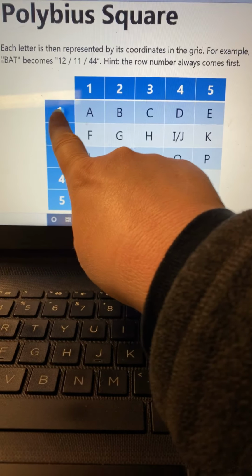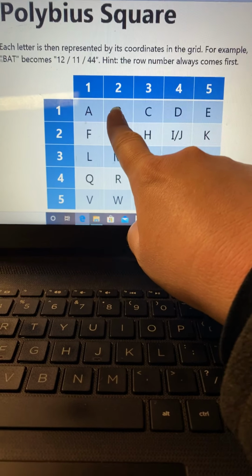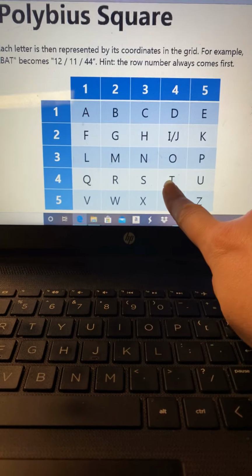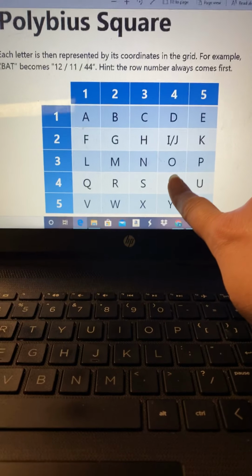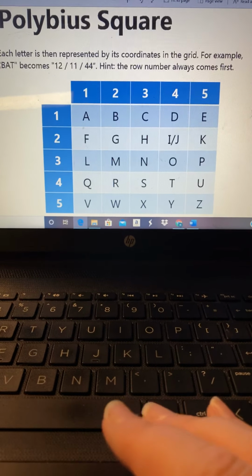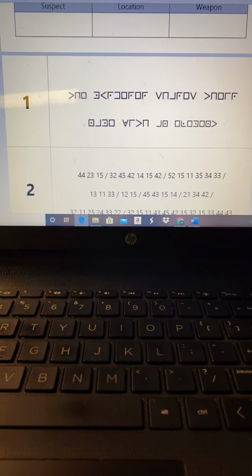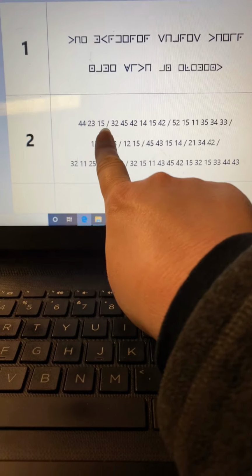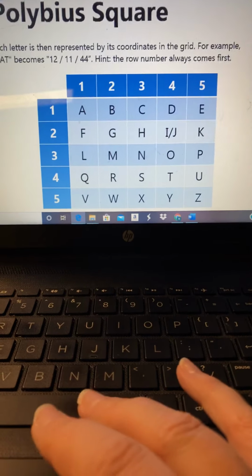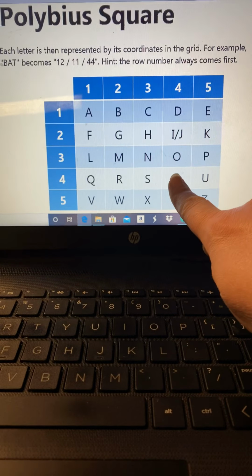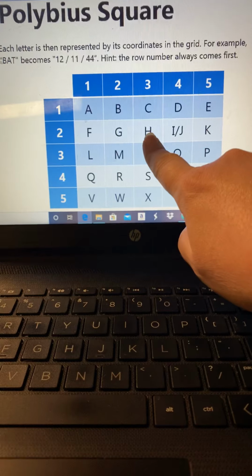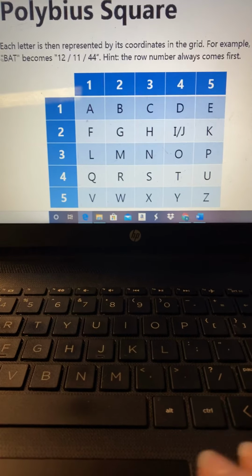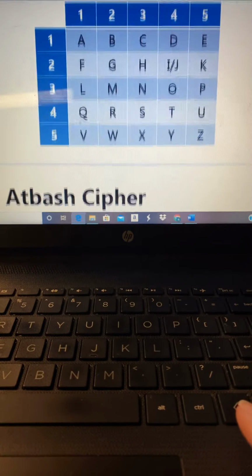So 12 is 1, 2, 11 is 1, 1, and 44 is 4, 4. So that's B-A-T. Okay? If you look over here in our clues, then the first word is 44, 23, 15. So we go here, 44, T, 23, H, 15, E. Your first word is the. Okay, that's the Polybius square.